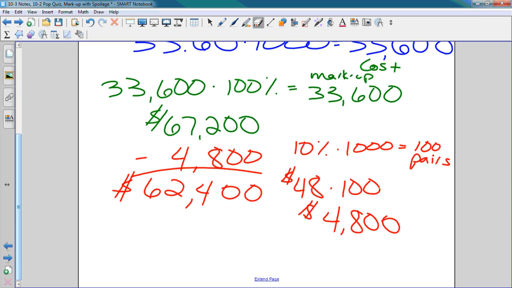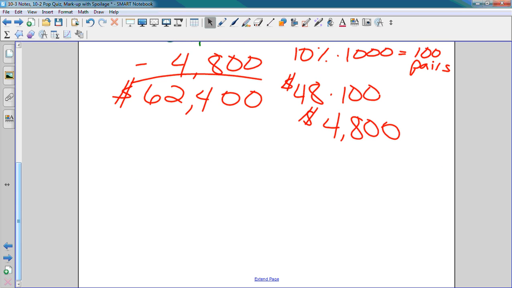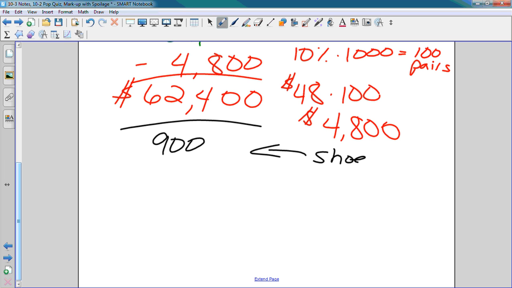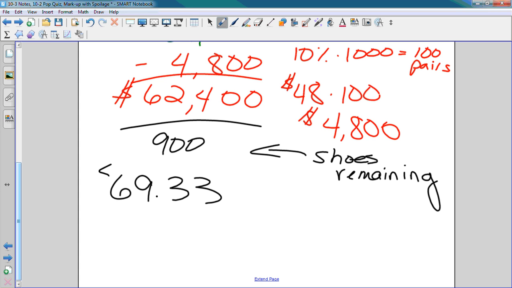How many shoes do I have remaining? 900. So divide 62,400 by the remaining 900. What do you get? $69.33 per pair.